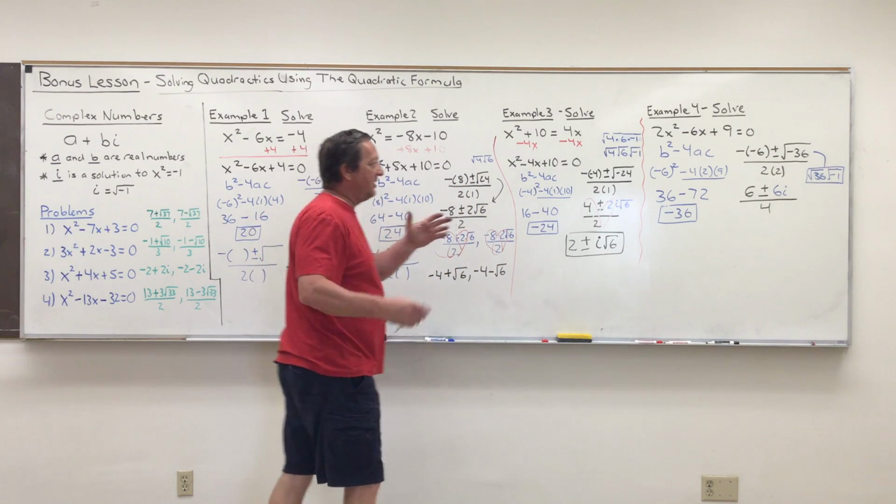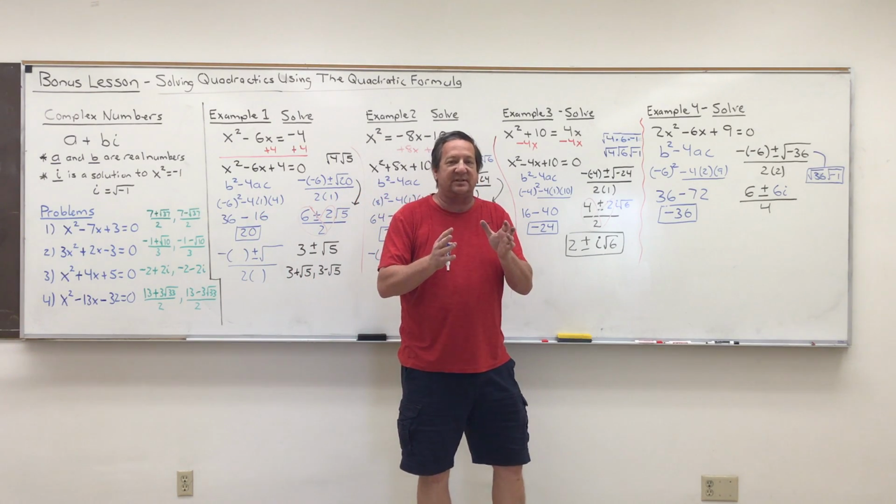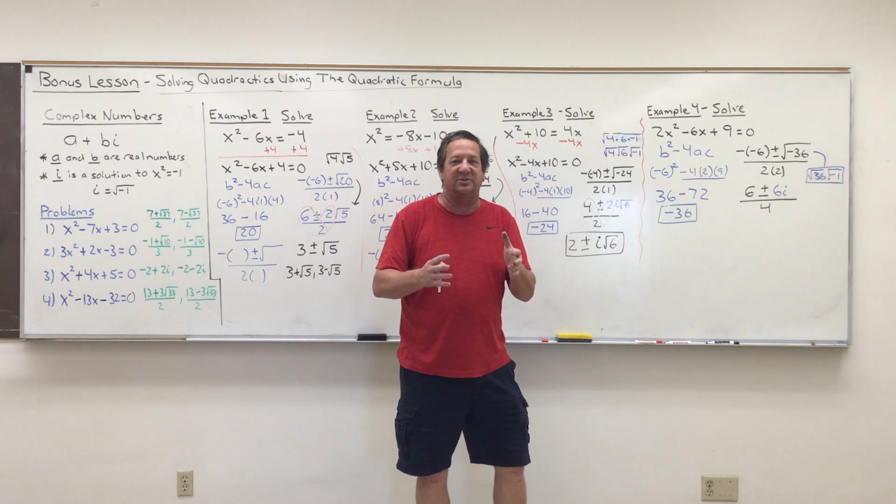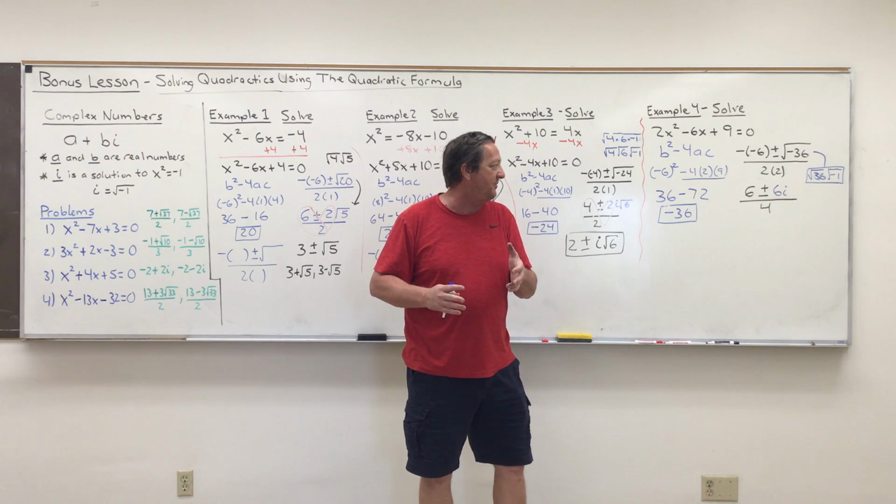Now, I want you to notice, we don't combine that together. It is 6 plus 6i. Those are not like terms. So you can almost treat the i like a variable.